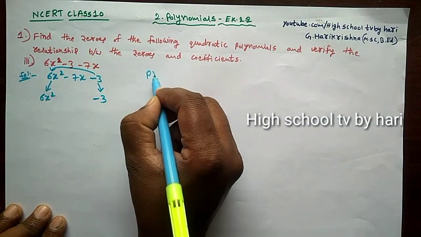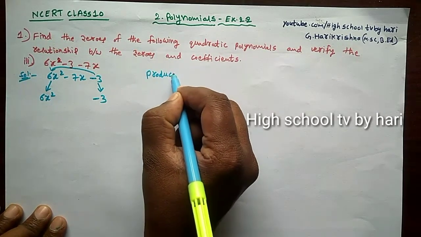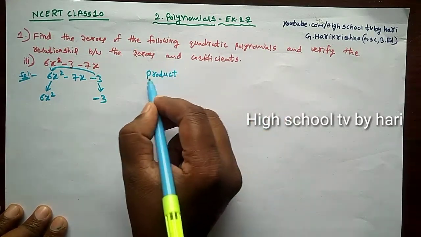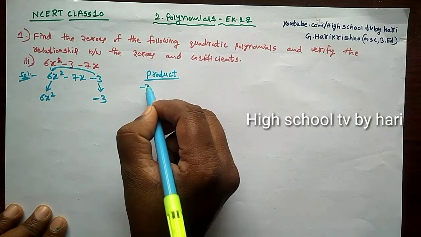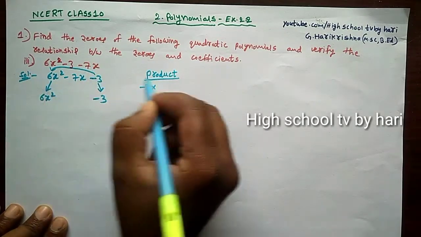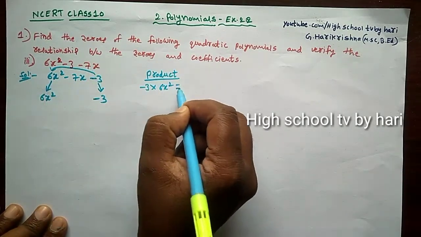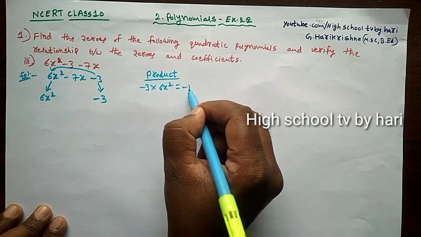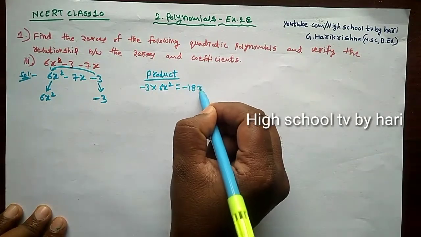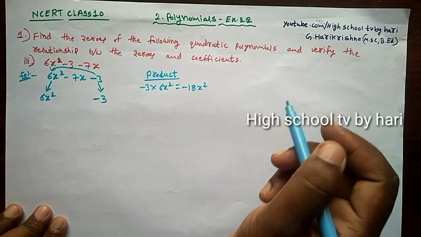It is a product. Minus 3 into 6x square is minus 18x square.